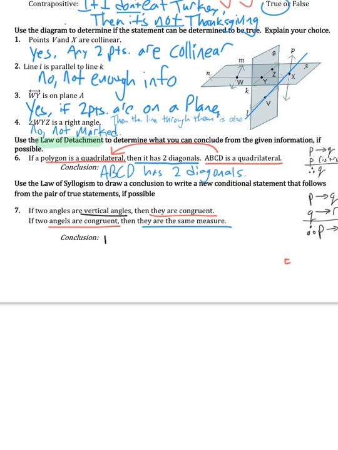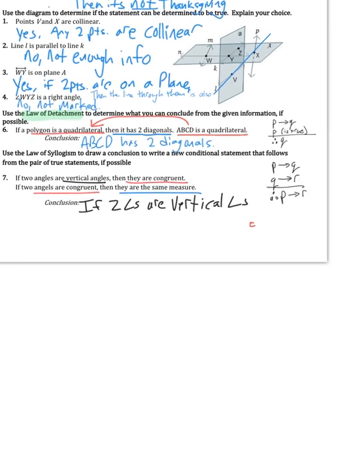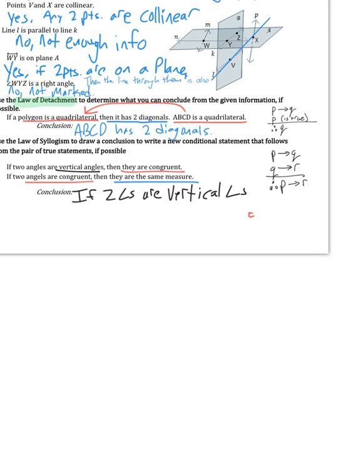We can say if 2 angles are vertical angles, then, so that's the hypothesis of the first statement, then we can say that they're the same measure. Okay, that's the last part.